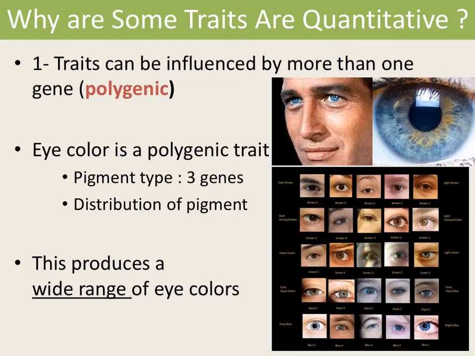So that's why you can actually get a range of eye colors, everything from brown to greenish, light blue eyes, dark blue eyes, like Paul Newman up here was renowned as an actor who had these bright blue eyes. Women kind of swooned and fell over when they saw him.